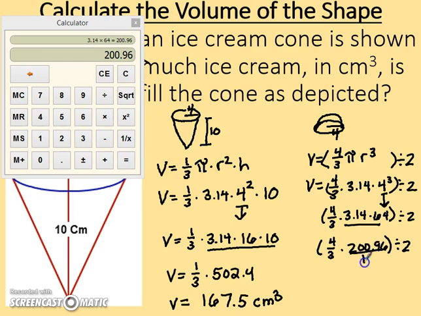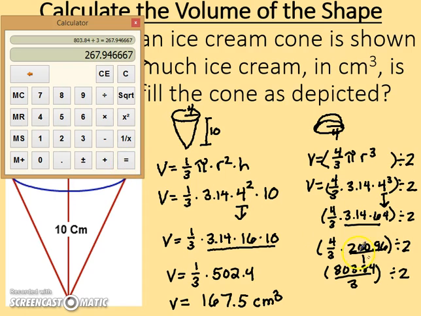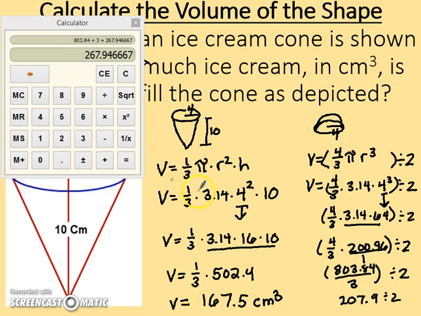Remember, put this over 1 and multiply straight across, so 4 times 200.96 is 803.84, divided by 3 times 1, which is 3, and then I'll have to divide that by 2. So I'll divide that by 3, and I get 267.9, but then I'll have to divide that by 2 because it's only half a sphere.